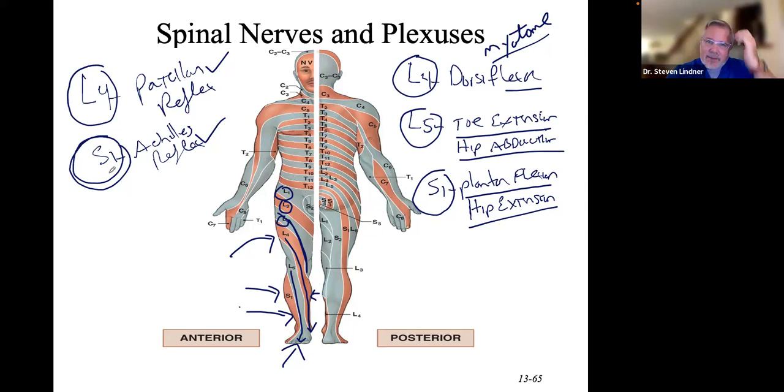Depending on the severity of the damage, whether it's a cervical injury or a lumbar injury, we would want to test three things if possible: the dermatome, the myotome, and the reflexes. If there are areas that don't have three, like L5 does have a dermatome and a myotome, it just doesn't have a reflex.